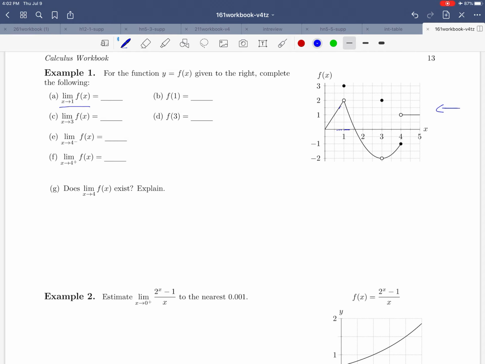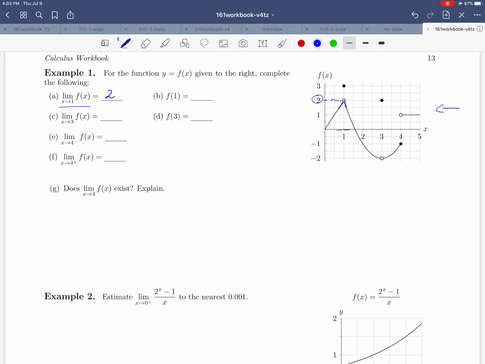And so looking at our graph, as x approaches 1, so gets closer to 1 from the left, our function values are all approaching 2. And from the right, they are also all approaching 2. So we are approaching 2 right here. And since the same thing is happening on the left and on the right, we can say that the limit as x approaches 1 of f of x is equal to 2.